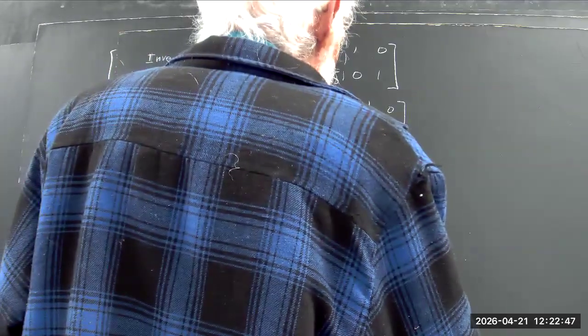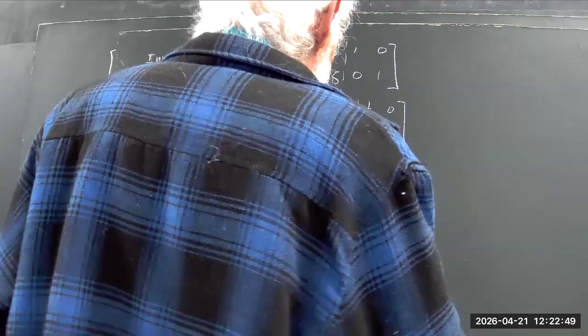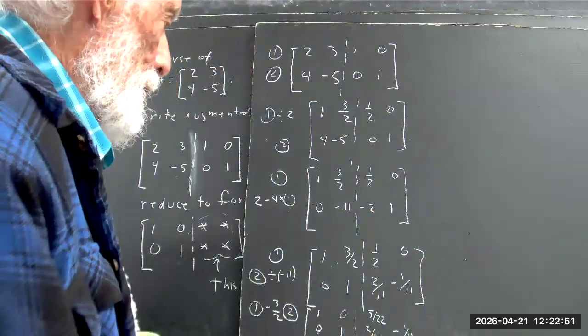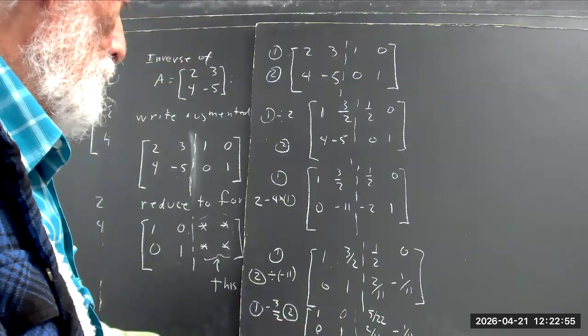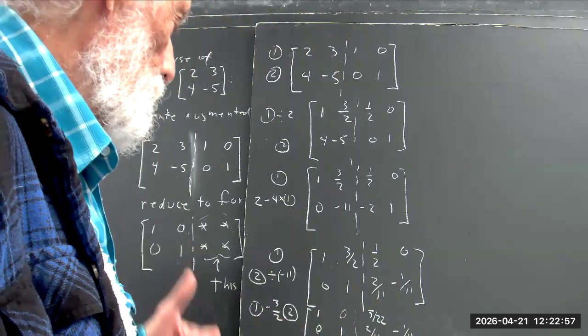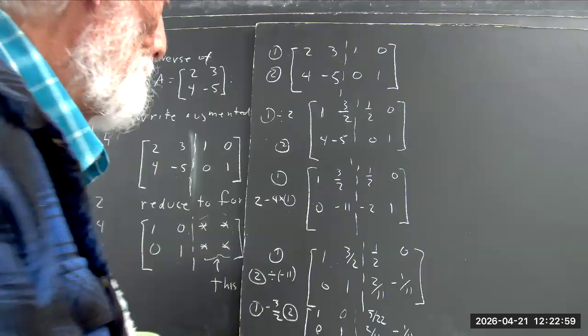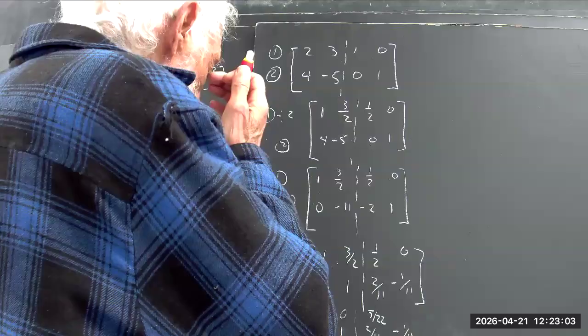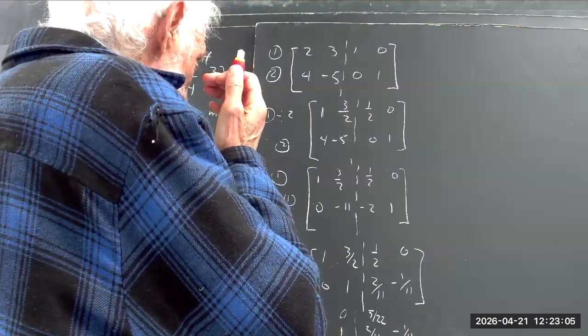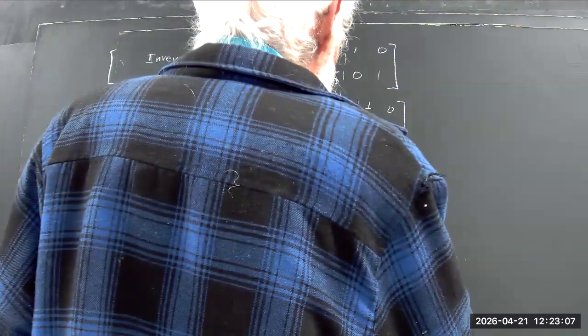And I've still got -1 11th over here because I'm not doing anything to the second row. But then I've got to do -3 halves of -1 11th, which is 33 22nds. No, no, no, no. It's 3 22nds.